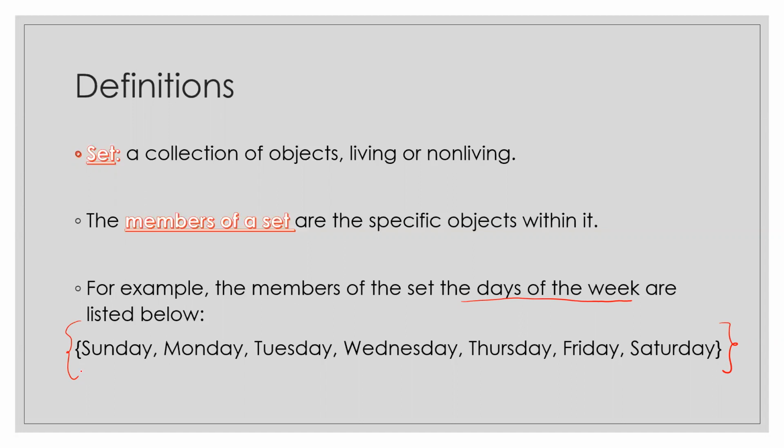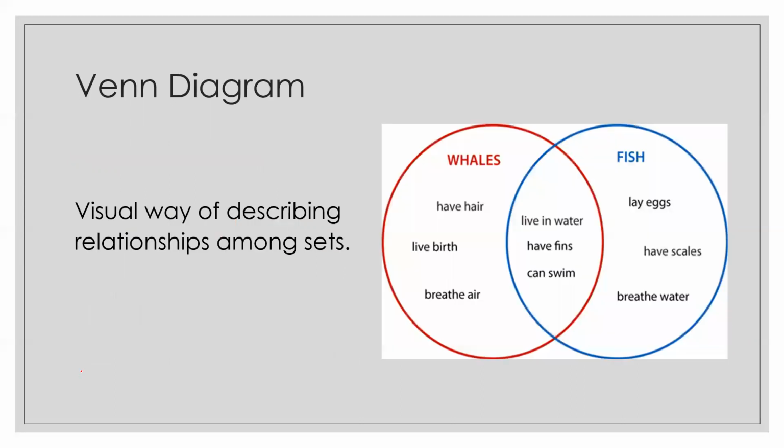Now, Venn diagram. You've seen them before, I'm sure. It is a visual way of describing relationships among sets. For example, we have set 1, which would be a set of whales, and set 2 is a set of fish. We know that whales have hair and give live birth. They breathe air.